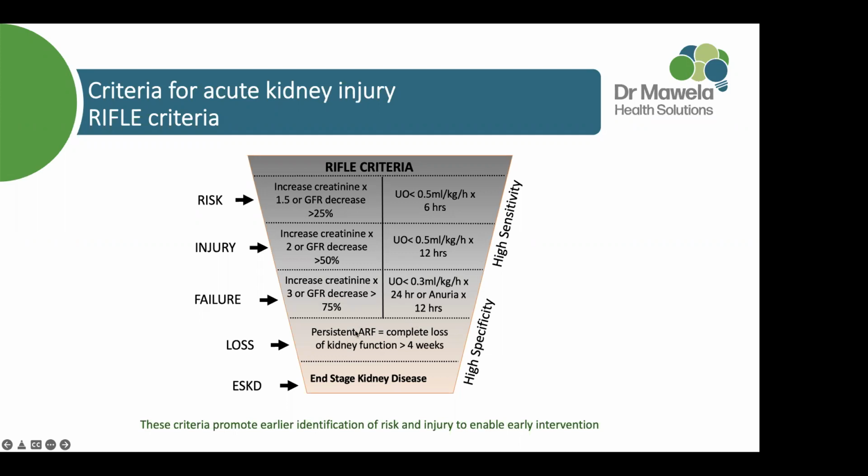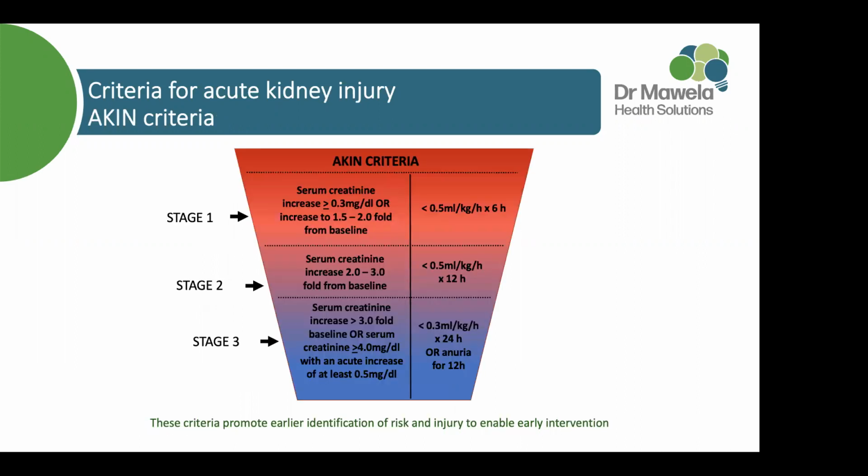However, if we identify patients a bit late, more than half the time, we are unable to help them that much. So this is the RIFLE criteria. There's also the AKIN criteria, but if you look at these criteria, they're relatively the same, right? The whole idea is that you can stage kidney disease into different stages.